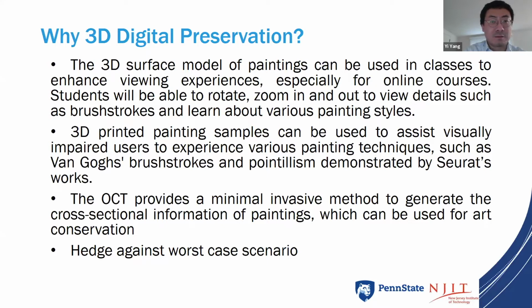And I don't think they are allowed to touch the art. So what we could do is capture the 3D surface profile, and then we can 3D print these artworks, so that someone who is visually impaired can actually touch them and really get a feel of the difference between, for instance, Van Gogh's brushstrokes and the pointillism by Seurat. So this is another application.